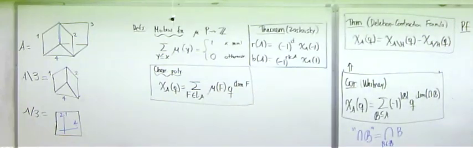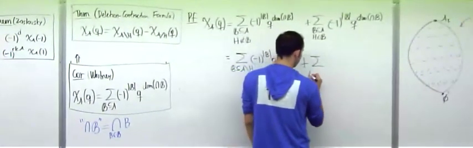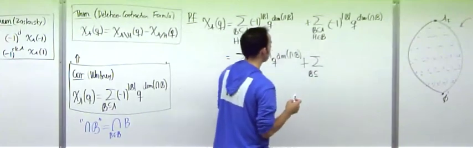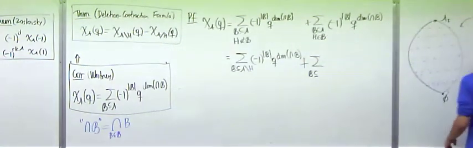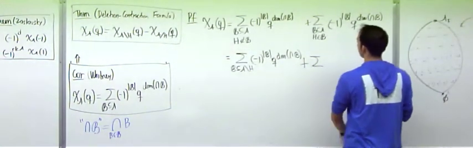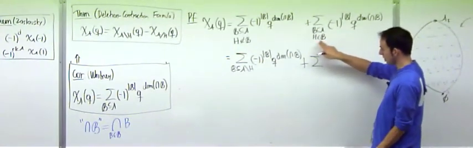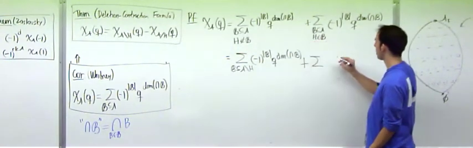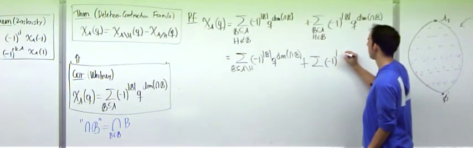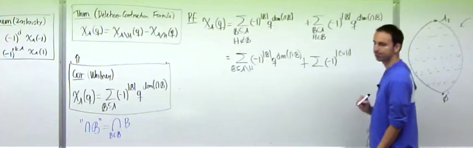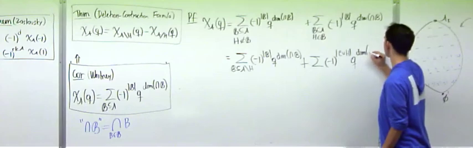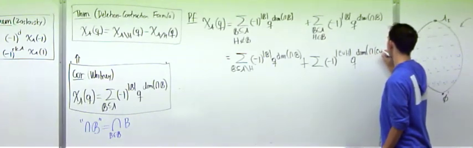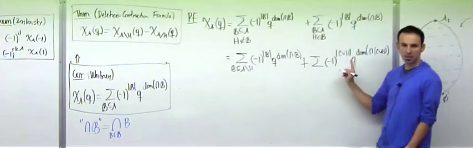Now, what about the second one? Well, it's a little bit more complicated, but not too bad. So, again, what I can do here is, if B contains H, then I'm going to go ahead and call it C union H. If it contains H, then it's H union something.